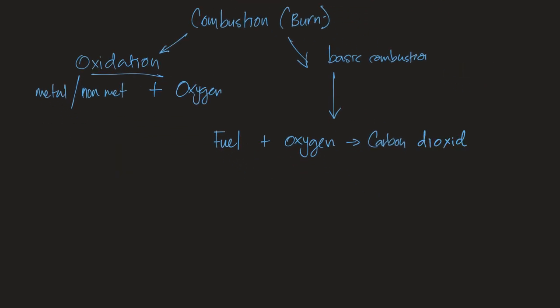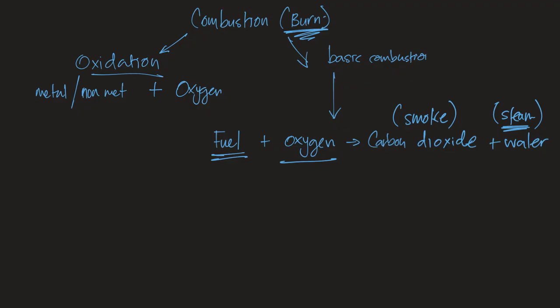Now, if I burn something, any fuel, oxygen must be present in order for this burning to happen, right? And in essence, I must get carbon dioxide, which is smoke, if I burn something. And water comes from the steam, because if there's heat, there must be a release of steam.